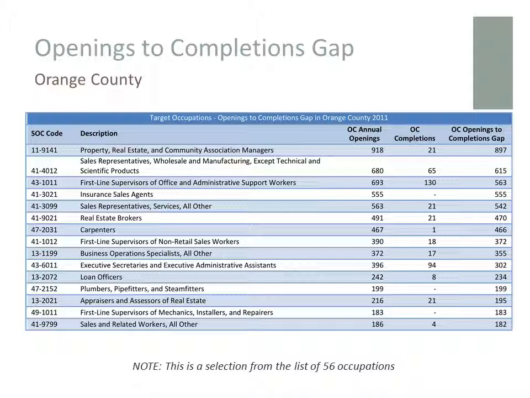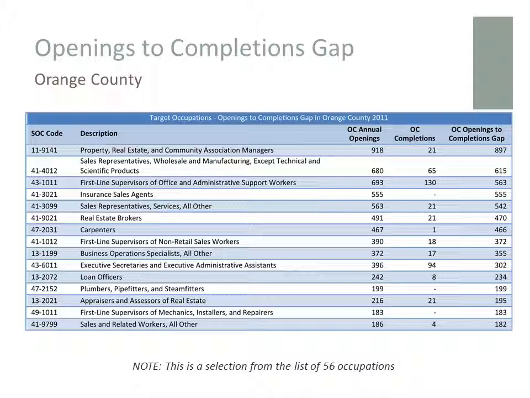The openings to completions gap is the difference between the forecasted annual openings in an occupation and the number of completions in programs that are linked to that occupation. So for example, the first one, property, real estate, and community association managers. Through the data, there is one or more linked programs offered by colleges that lead to that occupation. In Orange County, last year, there were 21 completions in those programs.